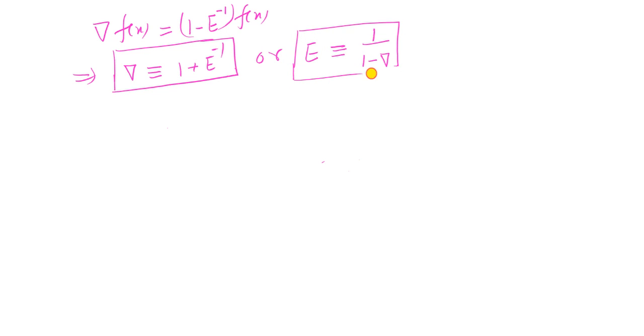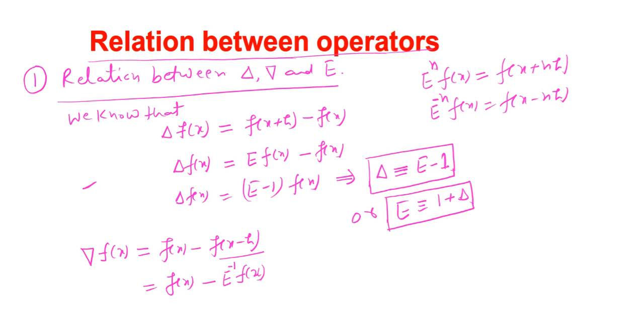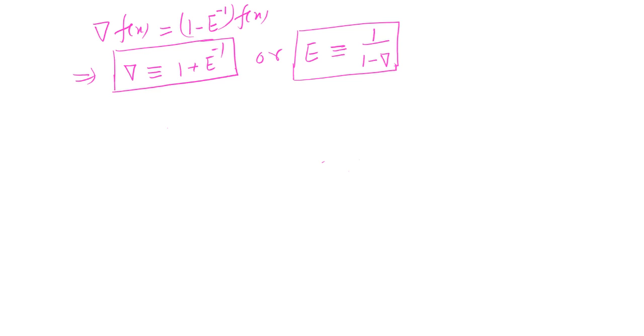So this is a relation between the shift operator E and backward difference operator del. So here say this is equation 1 and this is equation 2.